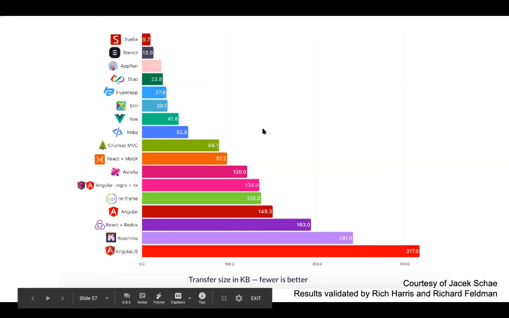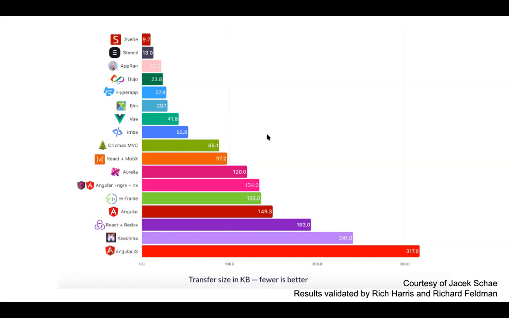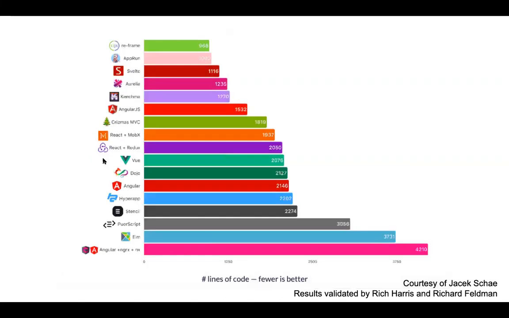Svelte has the least transfer size in kilobytes. So Svelte has performed well compared to what we usually use, like Angular and React. Here we have Angular, and NgRx with Angular, and again we have Elm and Vue.